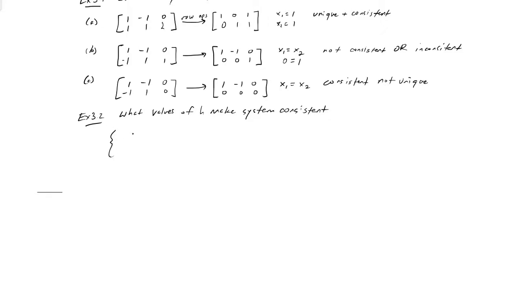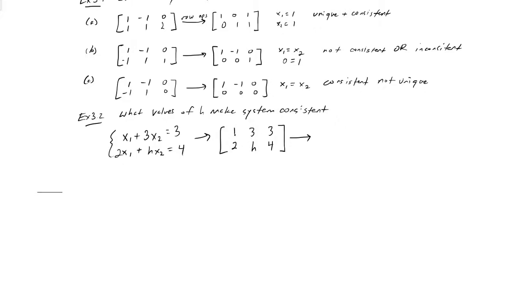So the system is going to be x1 plus 3x2 equals 3, and 2x1 plus hx2 equals 4. So we're going to put this in our augmented matrix form. So 1, 3, 3, 2, h, 4, and we're going to row reduce it, do row operations.